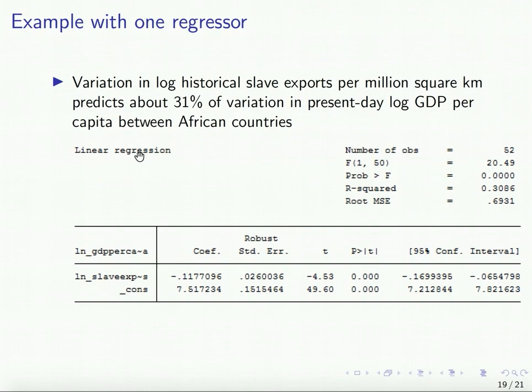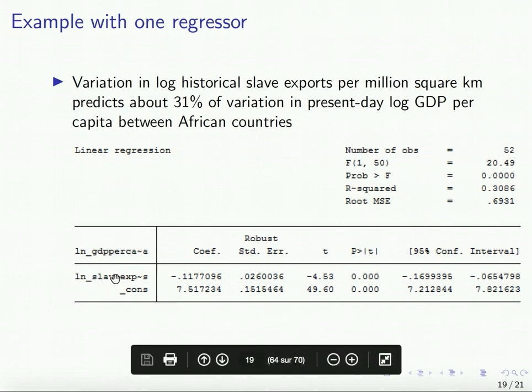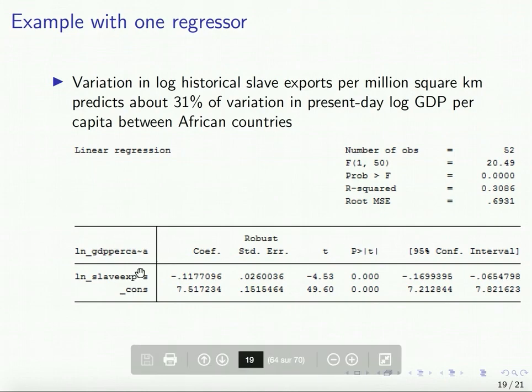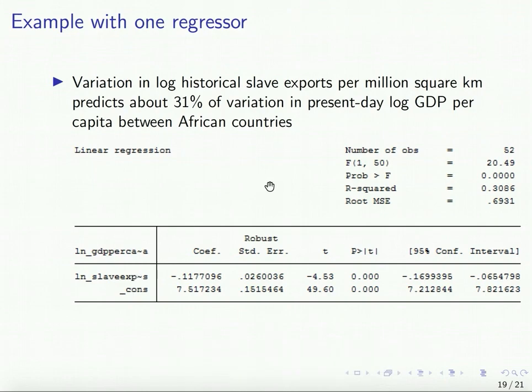All right, so say you run the log of GDP per capita in 2000 for each country, we still have 52 countries, on the log of slave exports divided by land area. Then I'm going to look at this line here, which is going to give me the R squared.